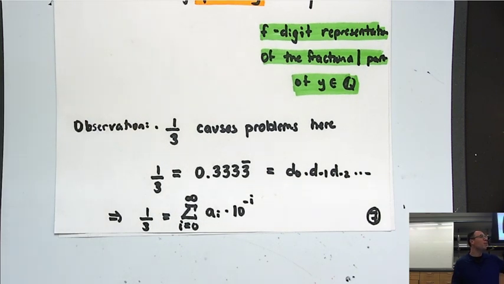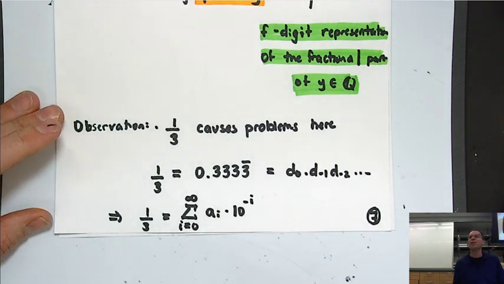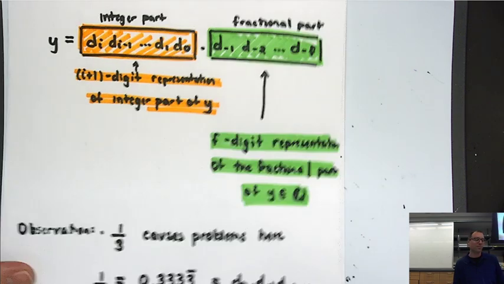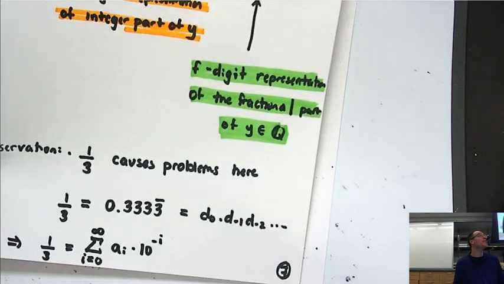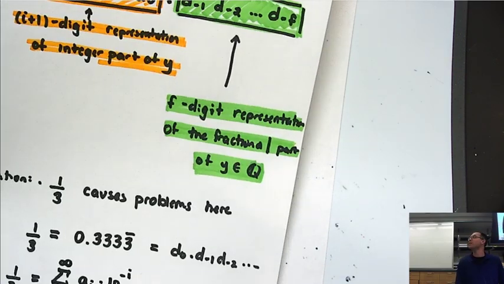So could you give me a number with 3 decimal digits in the integer part whose fractional part requires an infinite number of digits and whose divisor is not 3? Okay, you're going to have to speak a little louder.